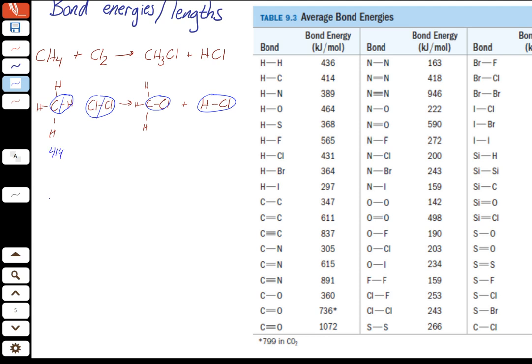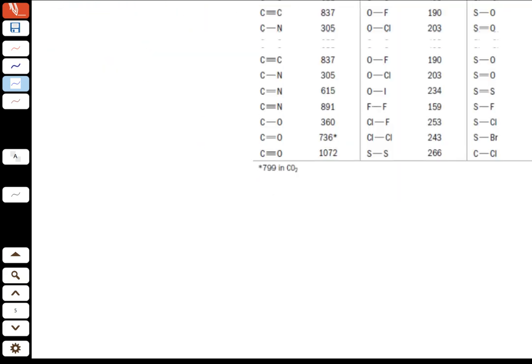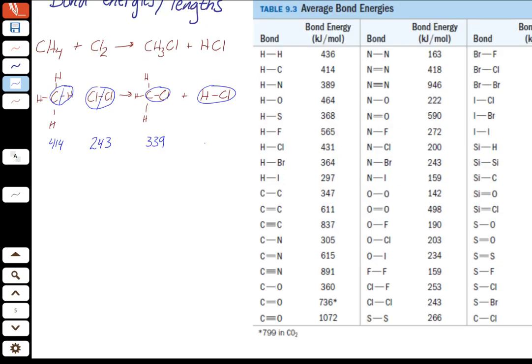A Cl-Cl bond is 243. A CCl bond is 339. And an HCl bond is 431. And again, you don't have to remember these numbers. You'll have access to these tables if you need them.